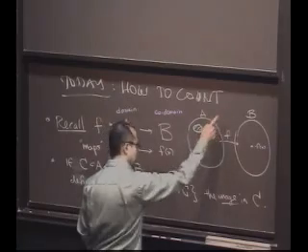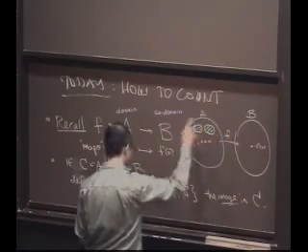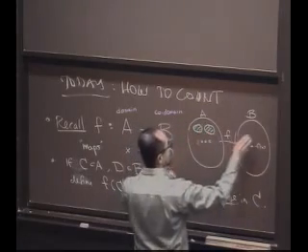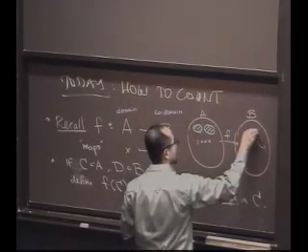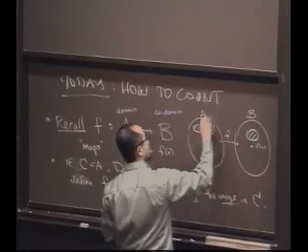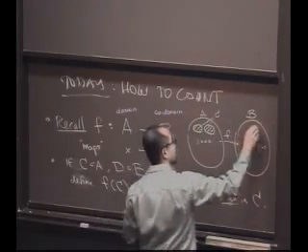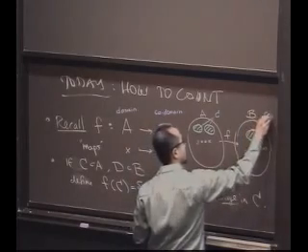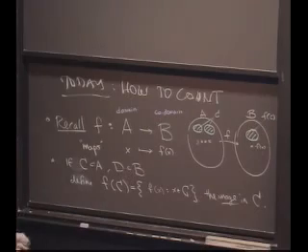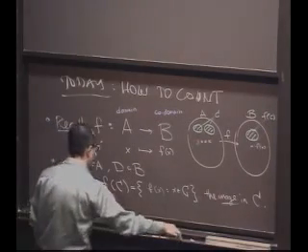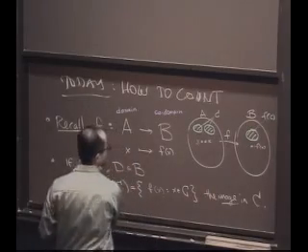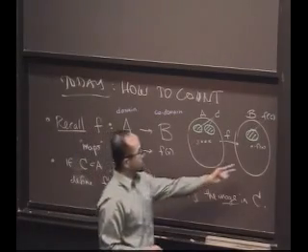It lives in B, right? So these two blobs might get mapped onto the same blob. So if this is C, then this would be f of C. Happy? Okay, great.